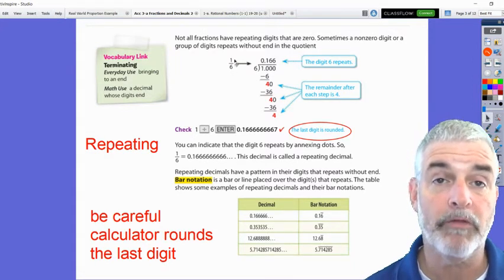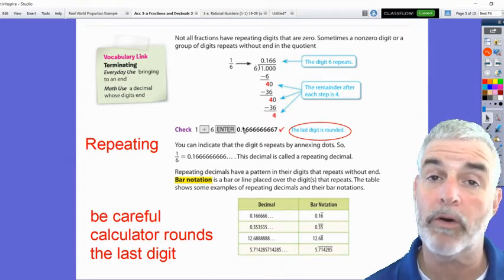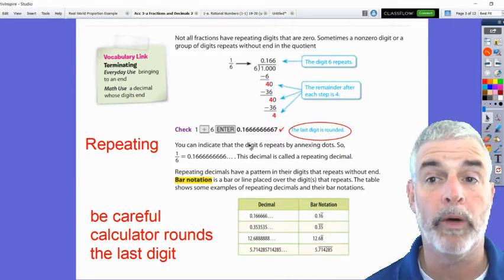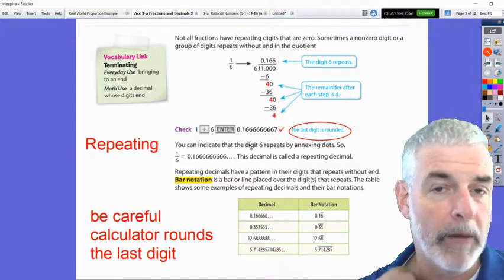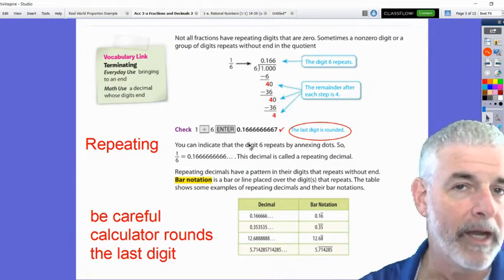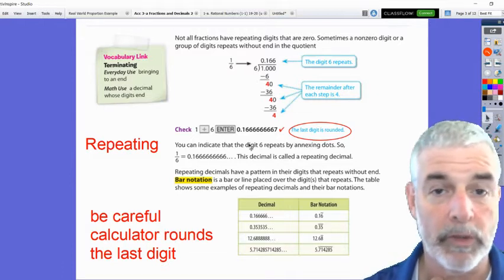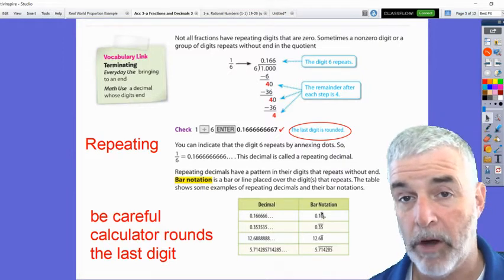In this case up here for 1/6, the bar goes just above the 6. Make sure it doesn't go above the 1, because if it was above the 1 and the 6, it would be 0.1616161616, which is a totally different number. It's actually 16/99, the fraction that is 0.161616. But if it's just the 6 that repeats, the bar goes only over the 6.